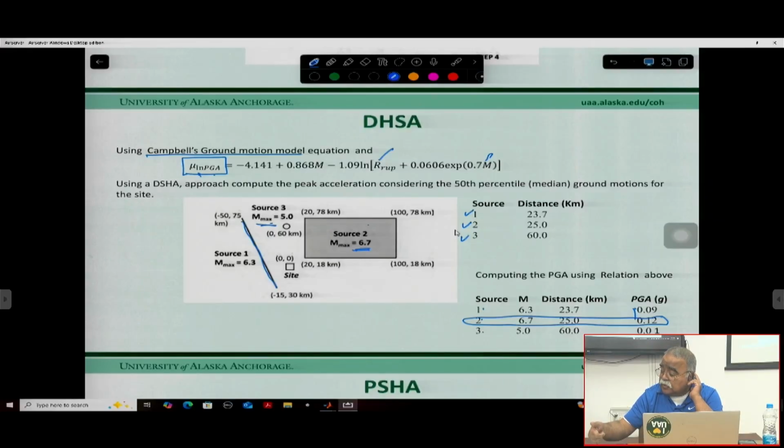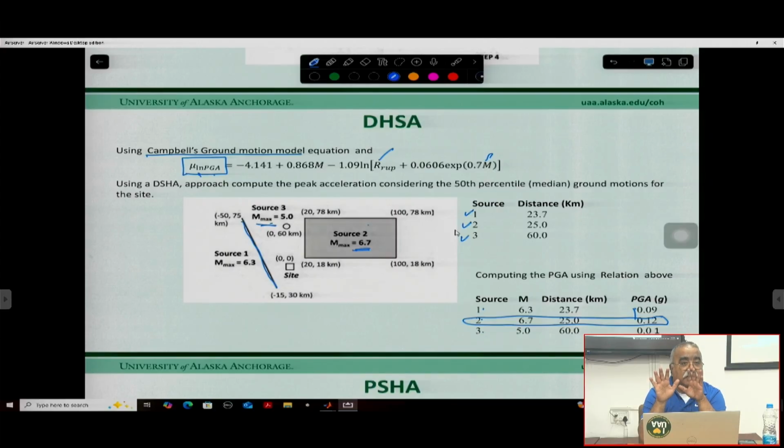Suppose this fault is the source 1. Source 1 can generate a 6.3 magnitude earthquake, right? If I am interested to get a time series of that earthquake, then I will be doing the stochastic part.